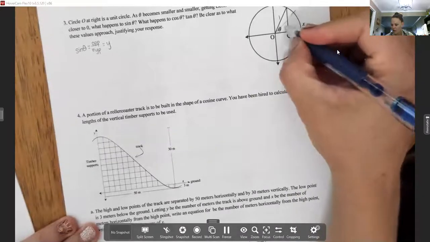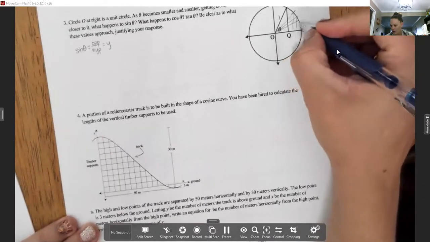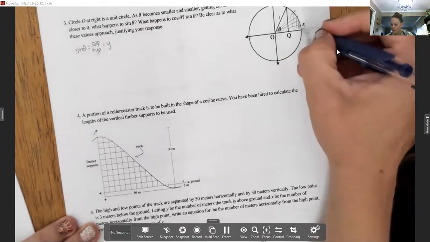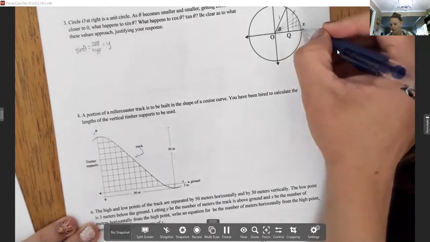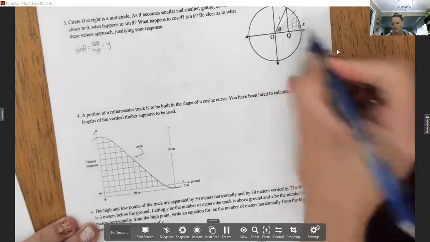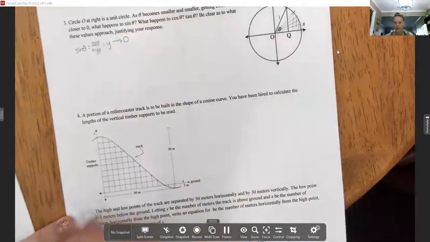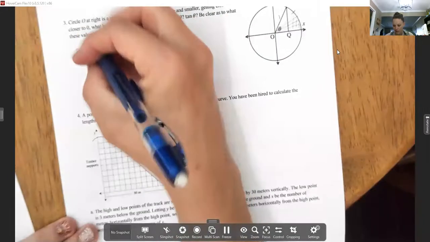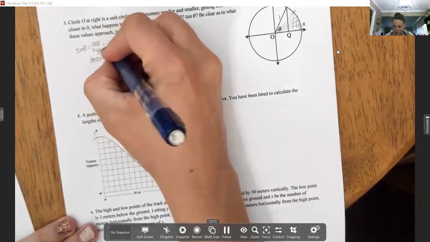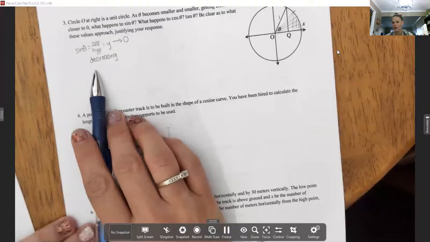You can see the height is getting smaller and smaller, and when theta gets to 0, our height is also 0. So sine of theta is getting closer to 0. It's decreasing. Does that make sense? Hopefully.